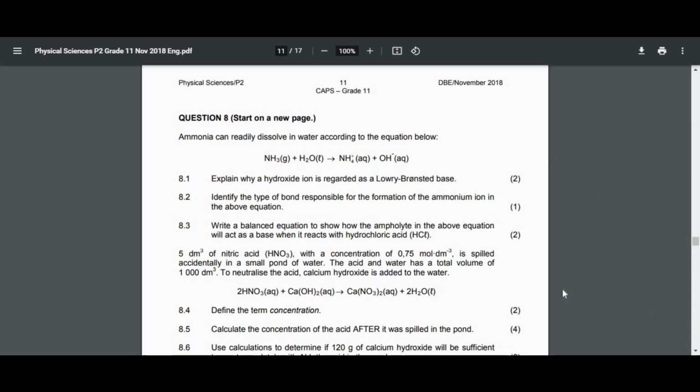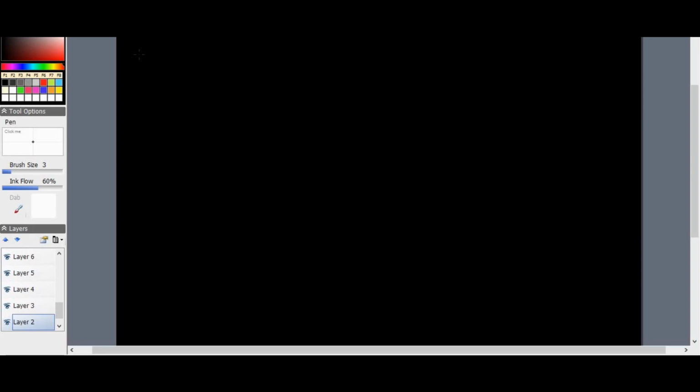We'll do this together. Question 8.1 asks us to explain why a hydroxide ion is regarded as a Lowry-Bronsted base. Remember, according to their definition, they have their own definition for an acid and base reaction. Let's write it out here: Question 8, November 2018, grade 11.